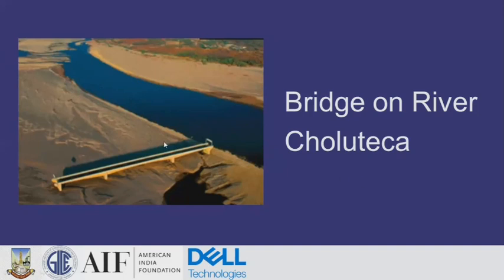So can anybody try to interpret what message this picture is trying to give? What message does this give us? What do we understand from it? What do you understand from the river actually changing its course? Okay.